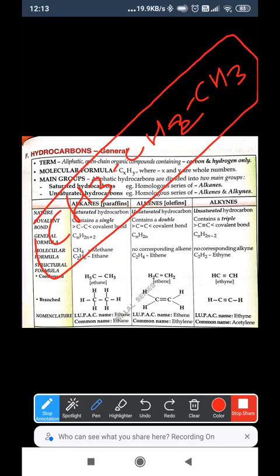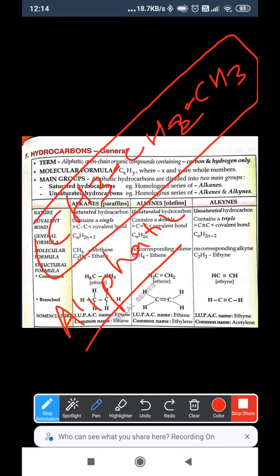This is a hydrocarbon. The first point is that carbon and hydrogen are there, so I can say it is a hydrocarbon. Since it is a straight open chain compound and a ring is not there, we can say it is an aliphatic compound. And since a single bond is there, single bond means saturation.